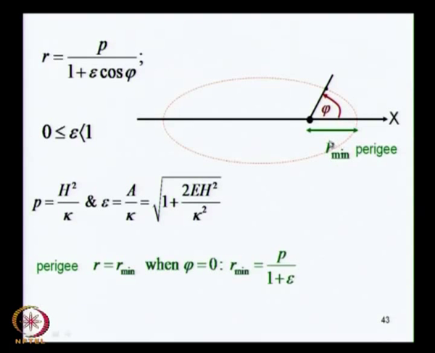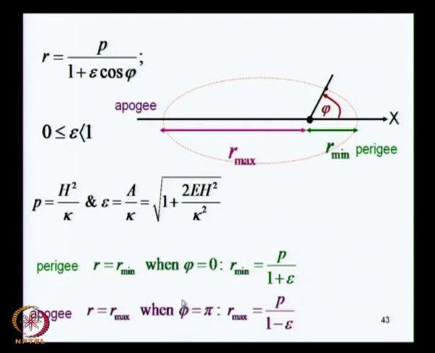The minimum distance will be given by this term when the denominator is the largest, which is what will happen when the cosine is the largest, which is what will happen when the angle is 0, because for phi equal to 0, cosine phi becomes +1, which is its largest value that it can take. So, the minimum distance, the distance to the perigee, is p over 1 plus epsilon.